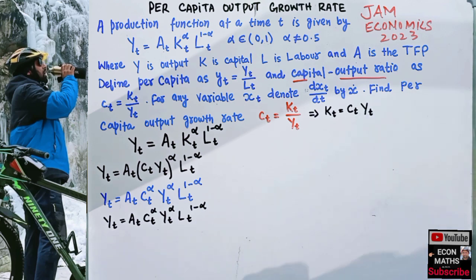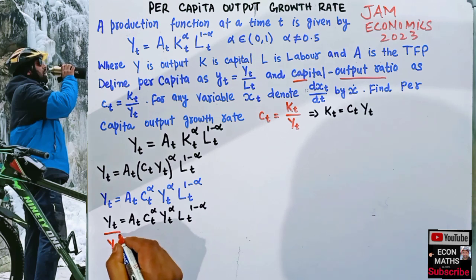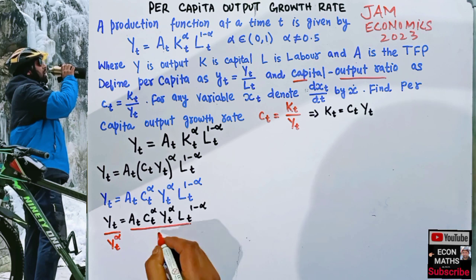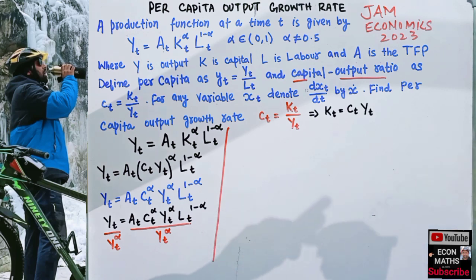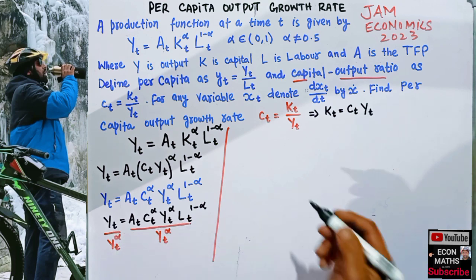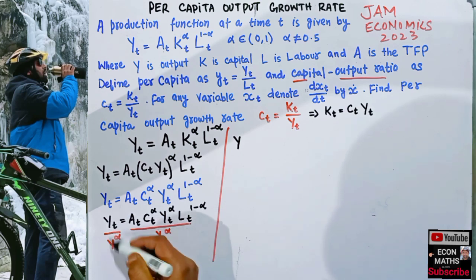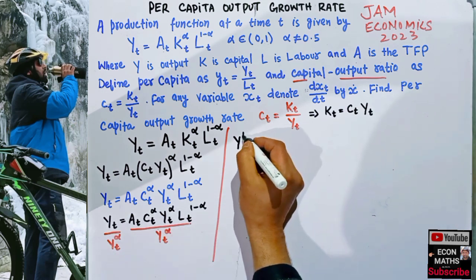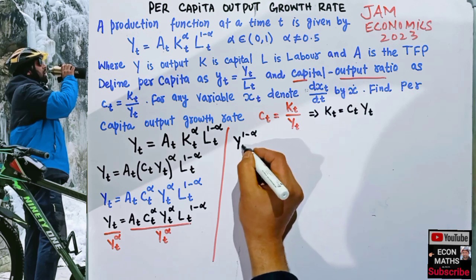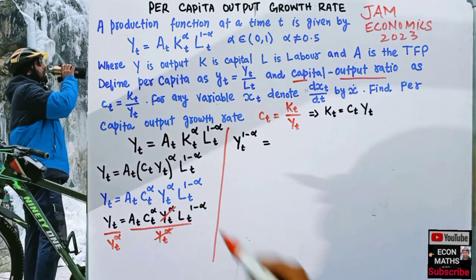Dividing both sides by Y_t^alpha, we have the same base, so we can subtract the exponents. We get 1 minus alpha as exponent, and Y_t^alpha gets cancelled on the right side.